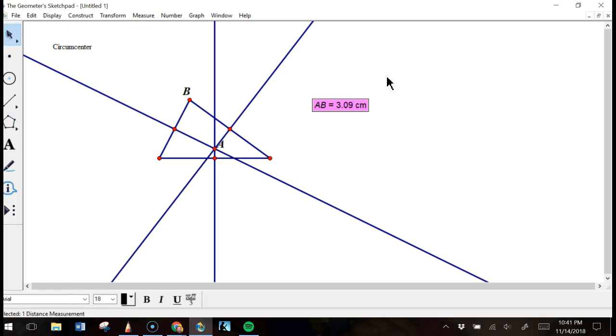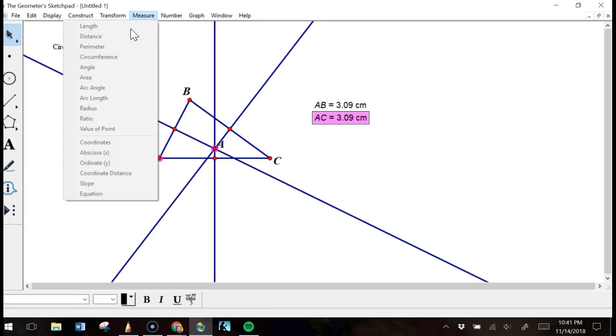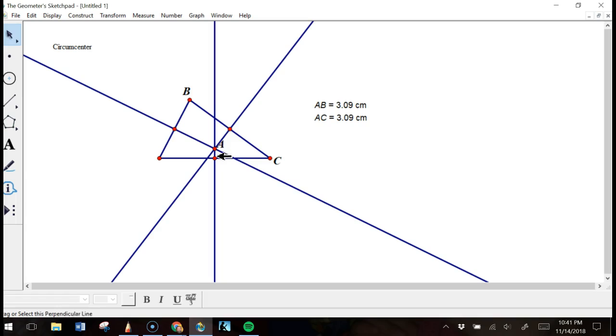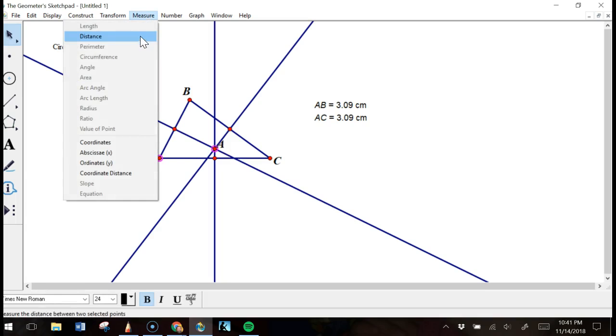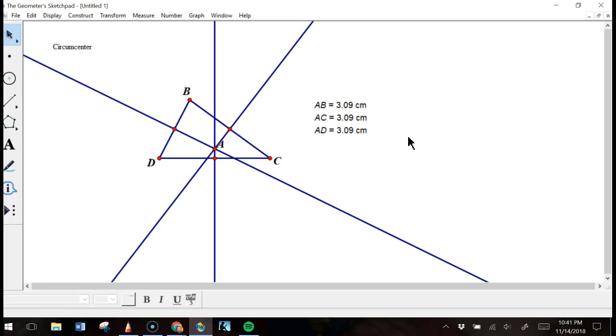It's like 3.09 there. Measure that distance, comes up as 3.09. And we measure that distance. There we go. That distance also comes up as 3.09.